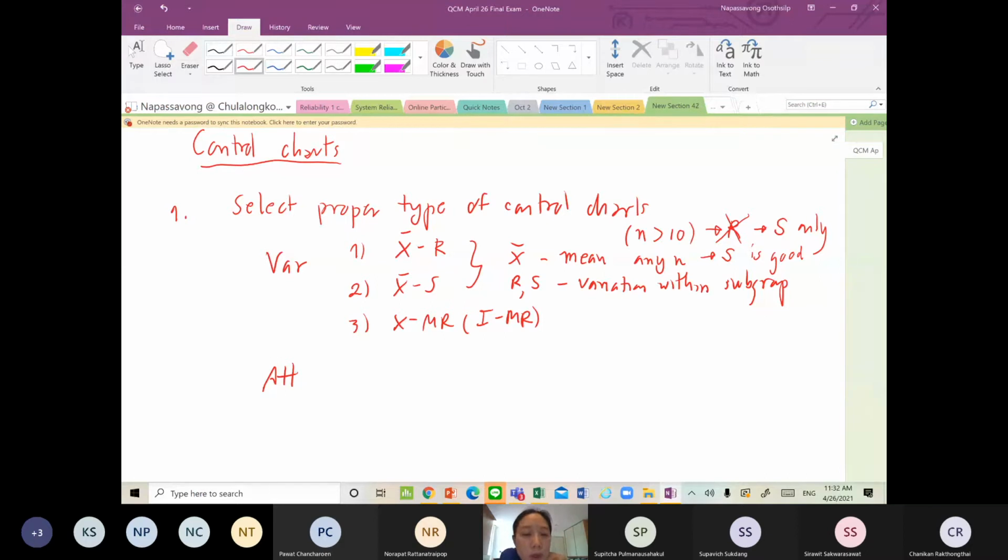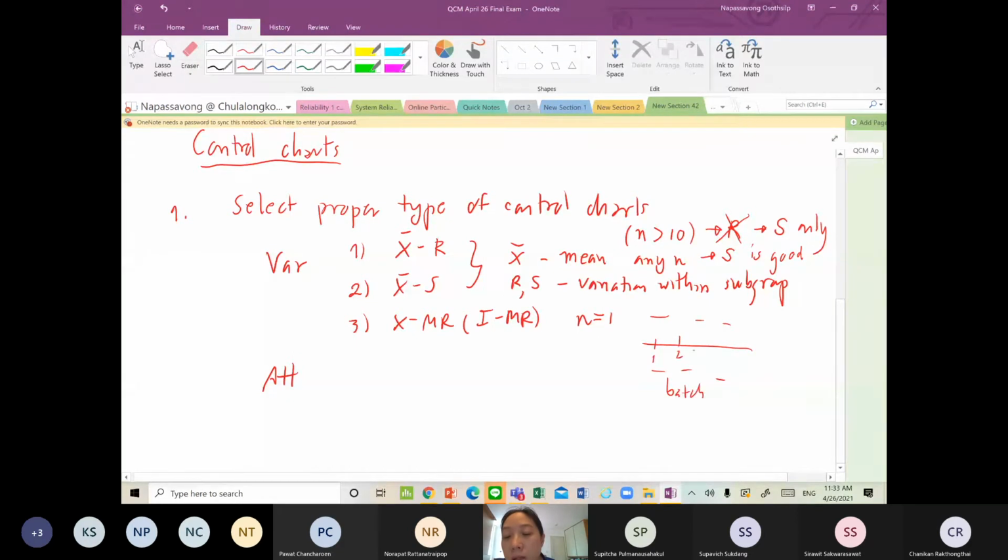So we finish X bar R and X bar S. And XMR we use when we have a sample size of 1, that means for each sample it makes sense to collect only one data point. For example, if you produce chemicals in a batch and you want to monitor the variation of, for example, viscosity over batch number 1, number 2, number 3.